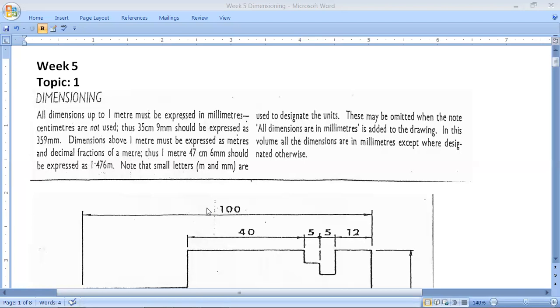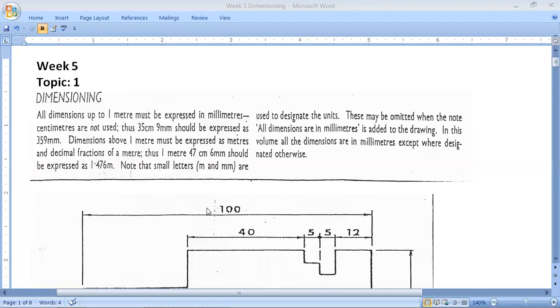Whatever measurement that you see or you measure on any object that is in centimeter or meter, you have to convert that unit into millimeter, just by multiplying by 10.